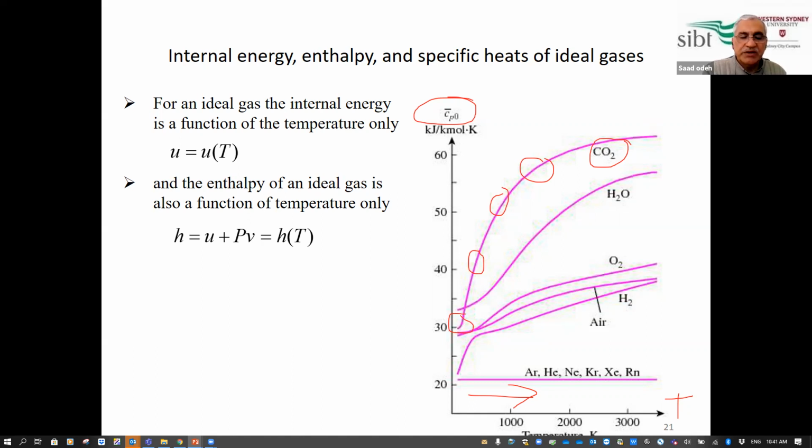What I want to show you here is how to find the value of internal energy U and the value of H by using the Cp and Cv values.